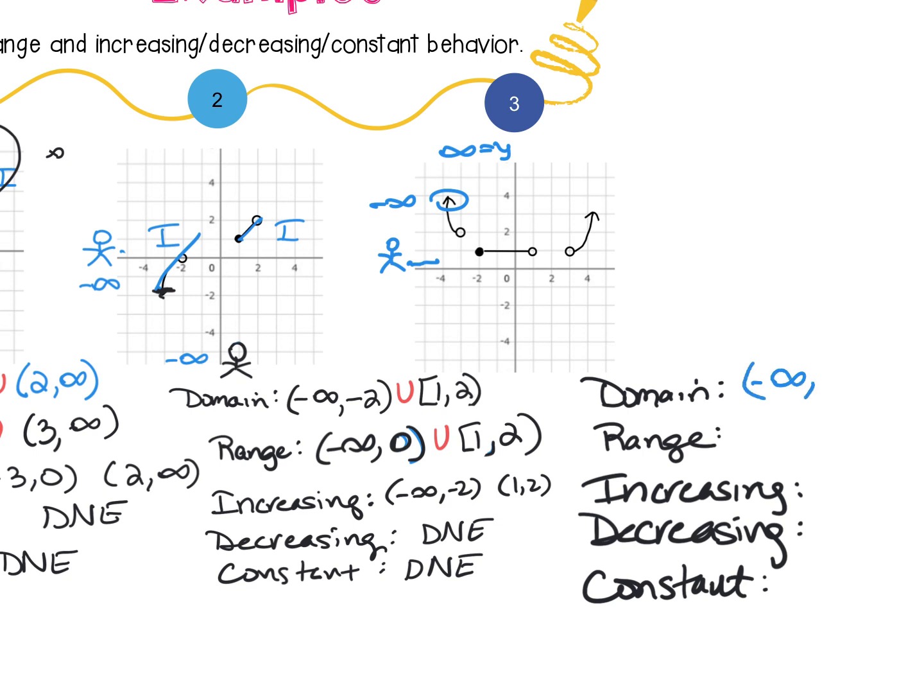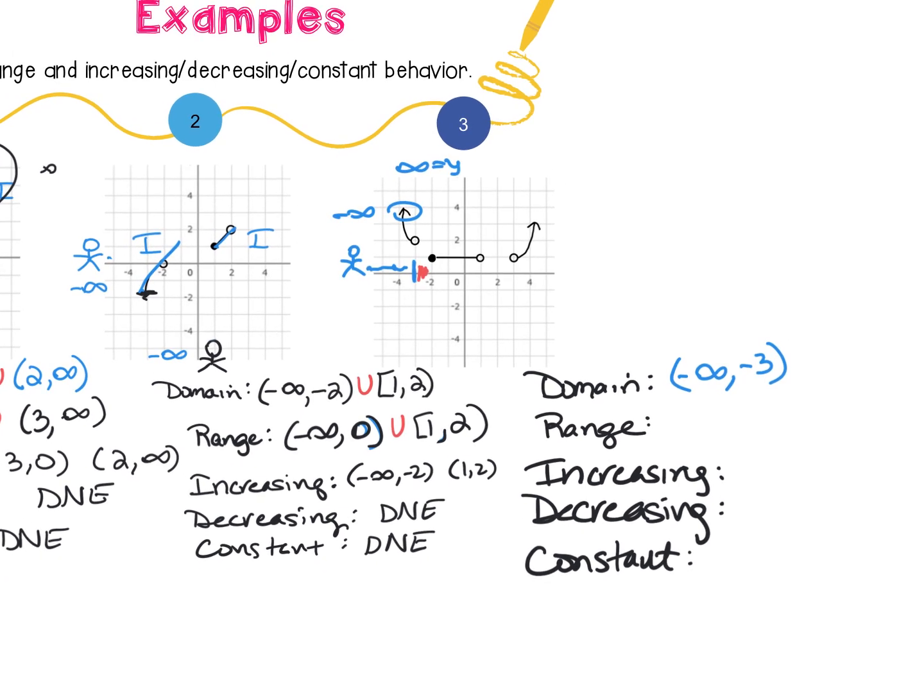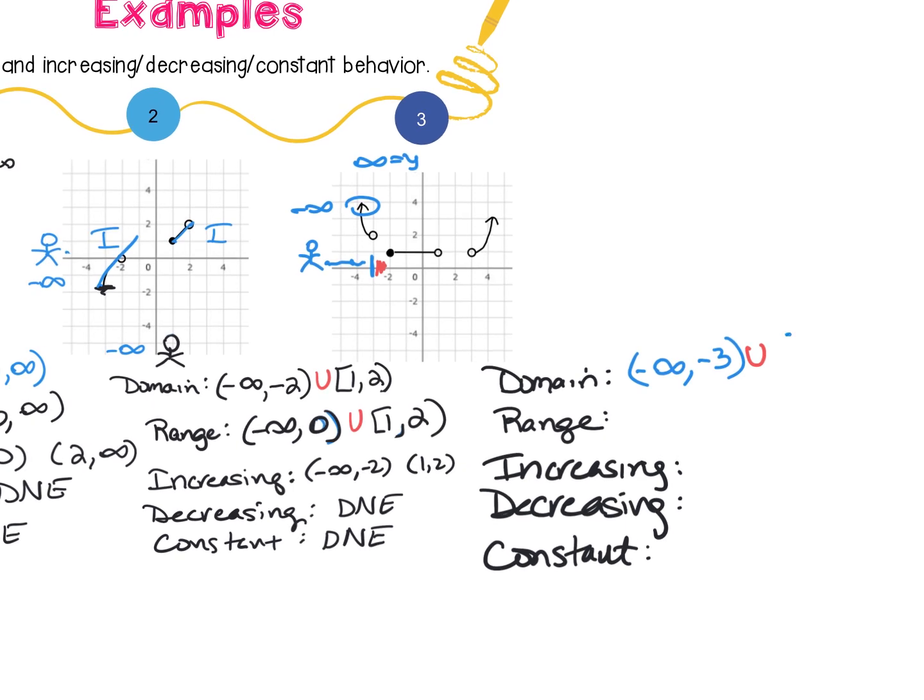And then as I'm walking along, my next x value is right here at -3. It's an open circle, so it's a parentheses. Then I've got a little gap. And then it takes up again at -2. And it's a closed circle, so it's a bracket.